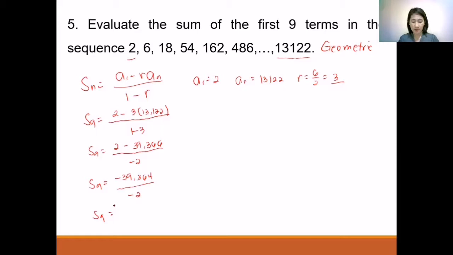Therefore, our answer will be positive. So you're going to have 39,364 divided by 2 is equal to 19,682. And this is the sum of the first 9 terms of our geometric sequence.